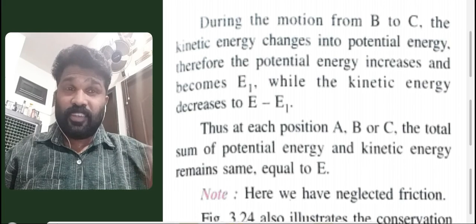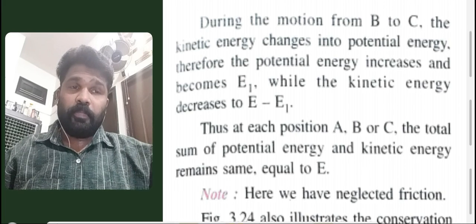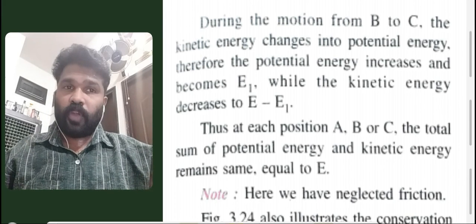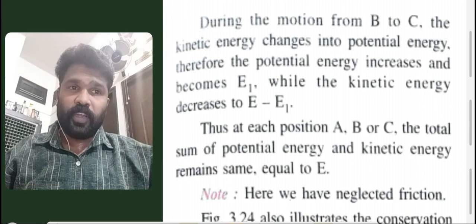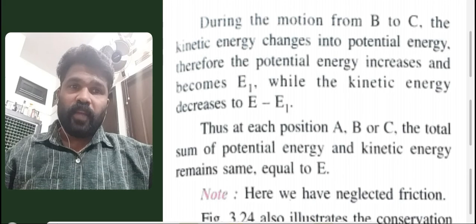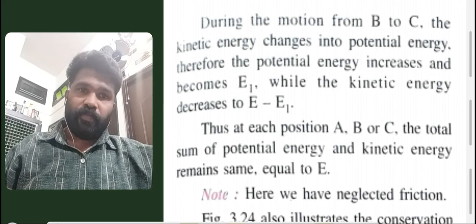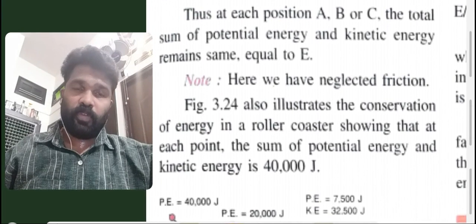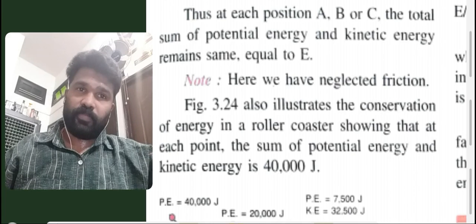Thus, at each position A, B or C, the total sum of potential energy and kinetic energy remains the same, equal to E. Here we have neglected the friction. Don't forget, we have neglected the friction.